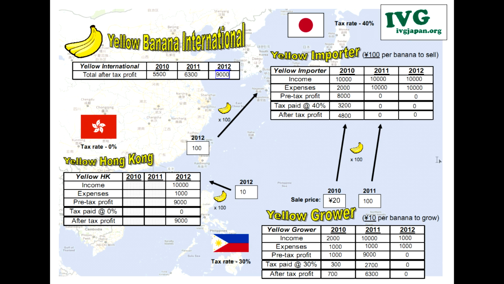So, as you can see, this practice has artificially extracted profits from the Philippines and from the Japanese government, and this means less money to spend on teachers, education, hospitals, medical supplies, all the things that you need to run a decent economy and provide for your people.